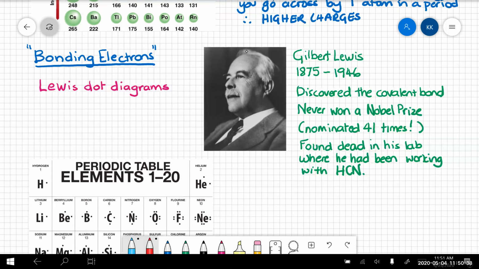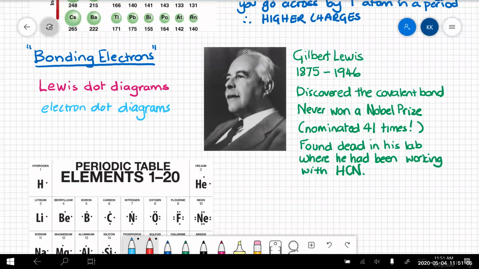So these Lewis dot diagrams, they're also called electron dot diagrams. I wonder if that is Nernst trying to remove our memory of Lewis. So, also called electron dot diagrams. But I'm going to call them Lewis diagrams because I'm going to remember Gilbert Lewis and his great work in chemistry.